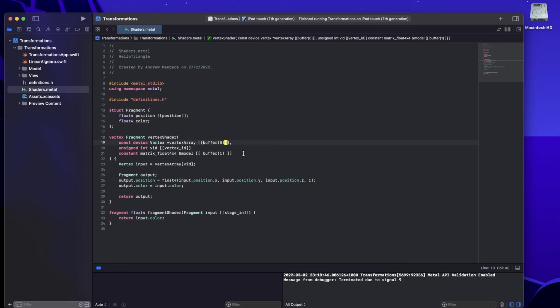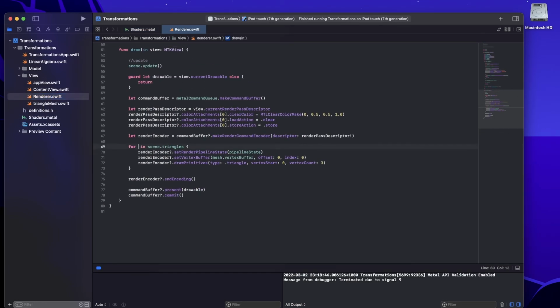But we've already set buffer number 0 here. So now we're going to set index 1 on the buffer. So what are we going to do? We're going to simply take this, multiply by this model. And we need to put a comma there. Okay, awesome. So now we can go to the renderer.